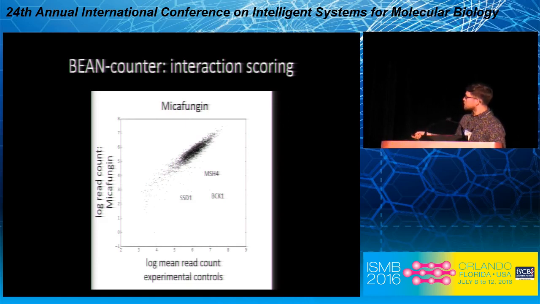We do a couple of things. There's a lowess normalization that goes through the middle of this to provide a normalization. Then we calculate a variance based on the condition itself, and also a variance that depends on all of the DMSO controls, as a function of the read count.